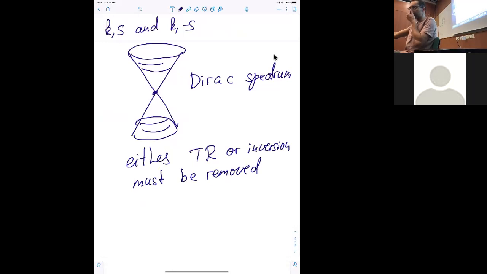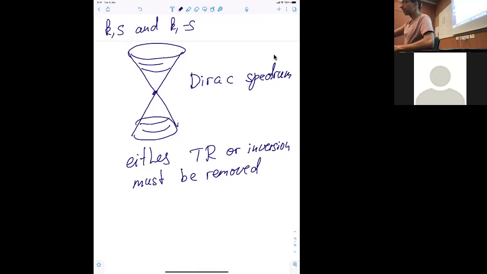So the conclusion from this hand-waving argument is that to have a Weyl semimetal, it must either violate inversion symmetry or time reversal symmetry, and this has of course implications for the choice of materials in which a Weyl spectrum will happen.